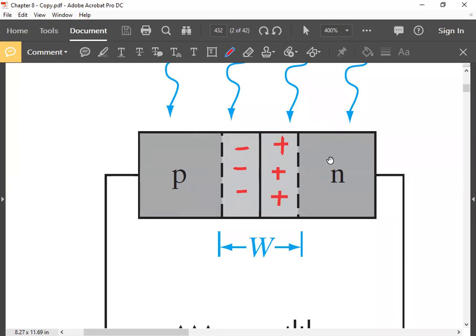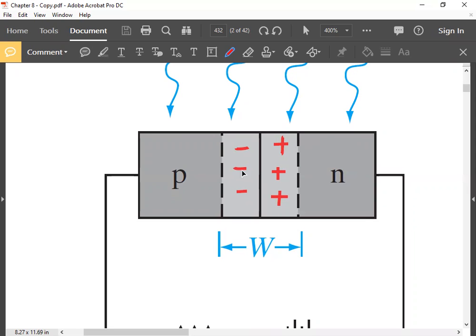Electrons cannot go from N side to P side because of these barriers. So holes generated here within one diffusion length may diffuse here, and once they diffuse here, they will be forced by this field to go to this side. So again, similarly, current will be from N to P. The holes which are generated further away from the edge cannot diffuse here because before they reach this depletion layer, they will recombine.